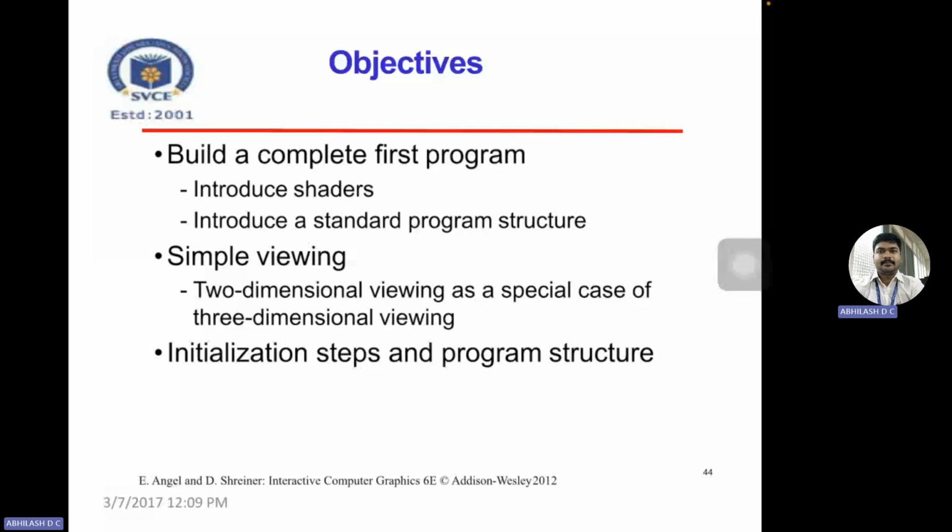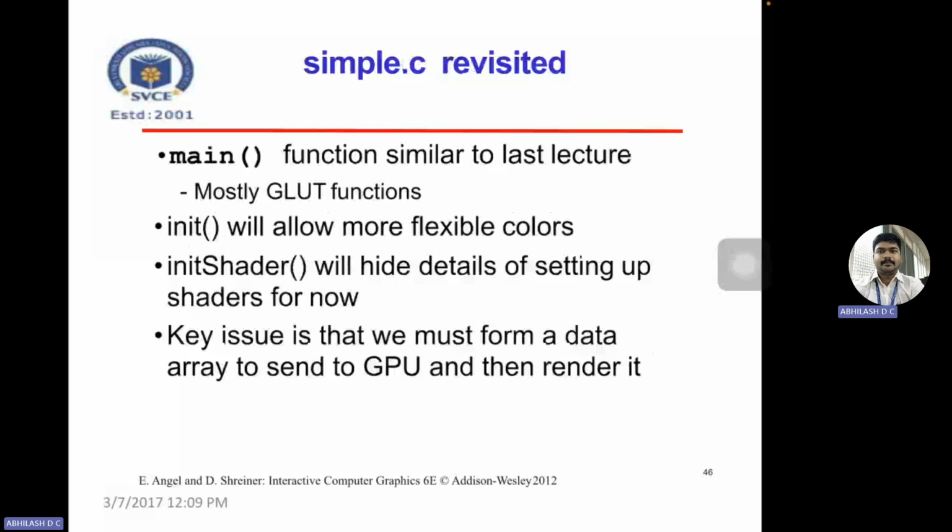Attributes are nothing but the color and size. So init shader is used for dealing with the shading part. The callback function is the display function. Usually the display function will not be in the main, it will be outside the main. From the main, I have to move to the display function, and I have some input and window functions also, which we can see.